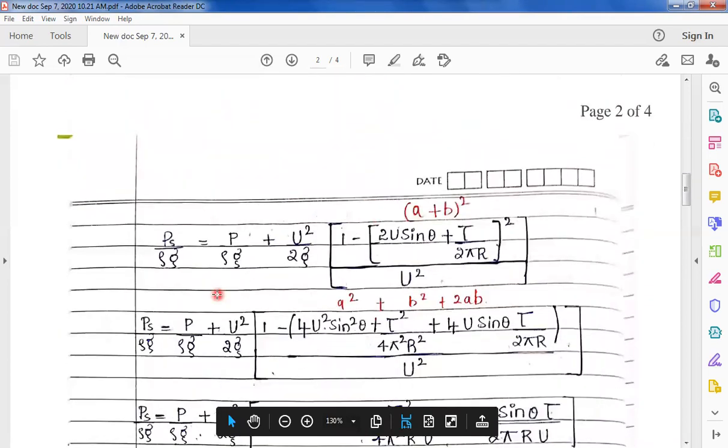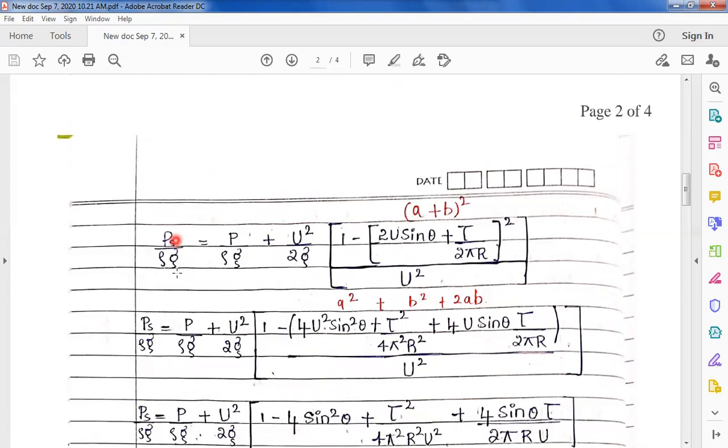So Ps by rho g is equal to P by rho g as it is plus u square by 2g in the bracket 1 minus, and in the place of us square, you have to put the above equation.